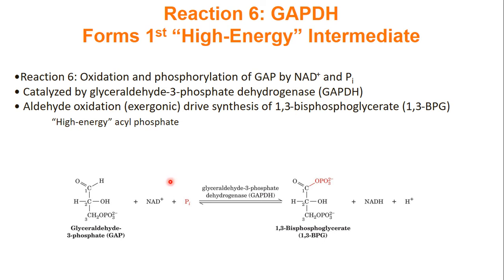And while you're doing that, you're also making NADH, which in itself is an energy storage that will be used in oxidative phosphorylation. So here in our first step, we created a high energy acyl phosphate, which is good. We also created NADH, which we can use for energy later. So already in reaction 6, we're starting to get some payoffs.